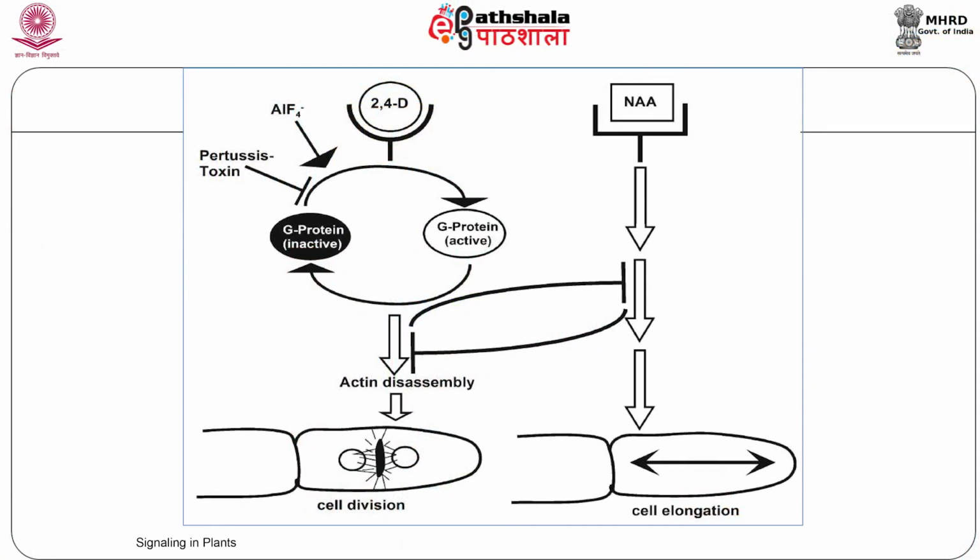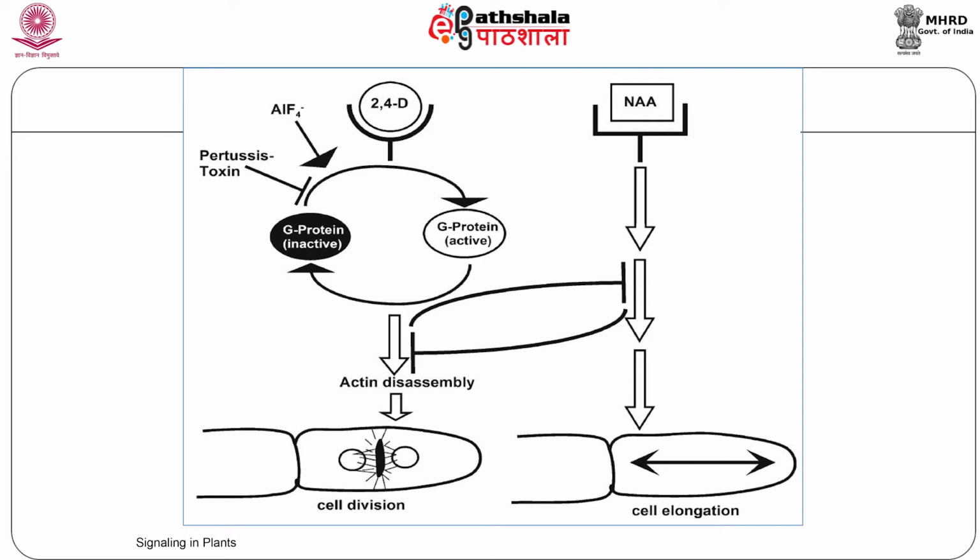In addition to cell expansion, auxin can induce cell division, a characteristic widely employed for tissue culture and the generation of transgenic plants.